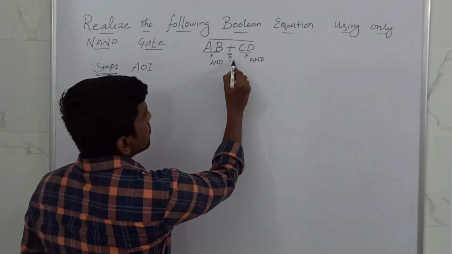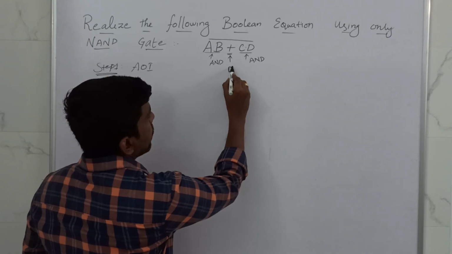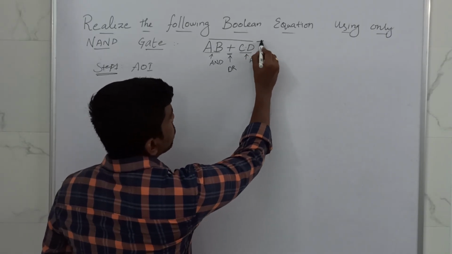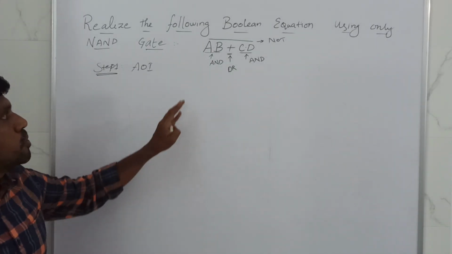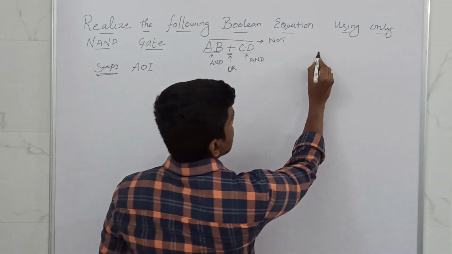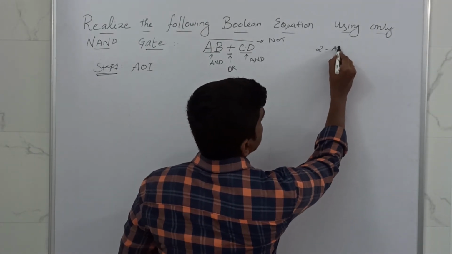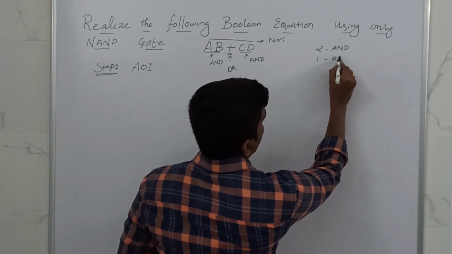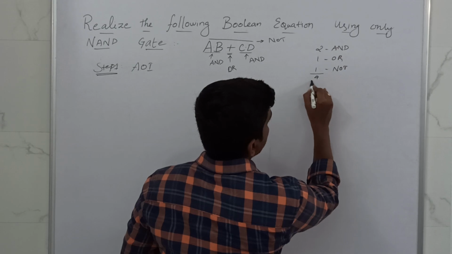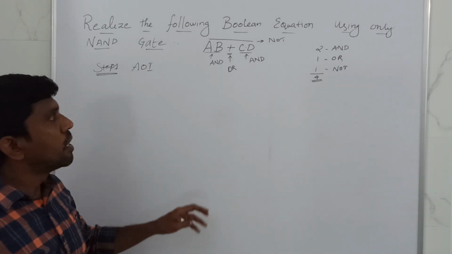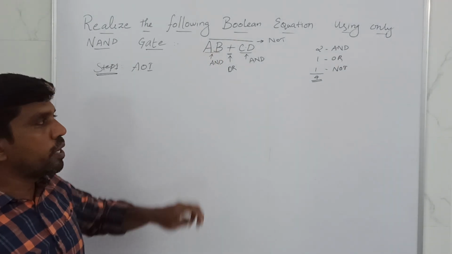This sum term needs one OR gate. The complement form needs one NOT gate. So in this Boolean expression we have 2 AND gates, 1 OR gate and 1 NOT gate, totally 4 gates required to design it.